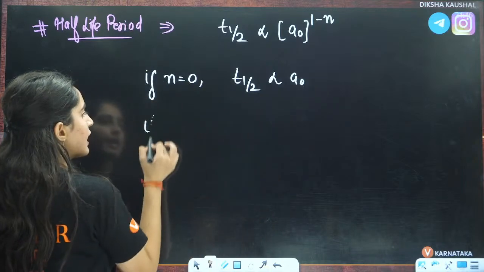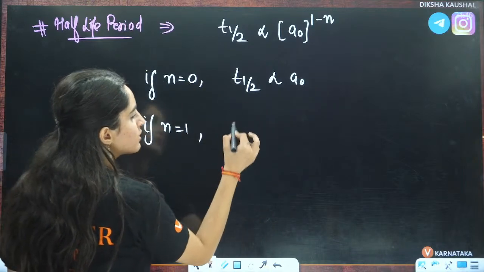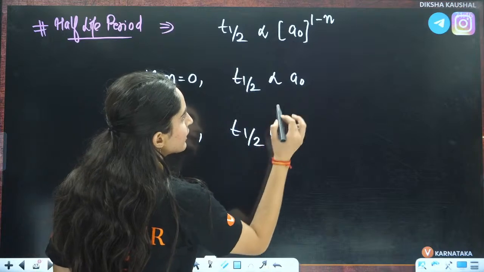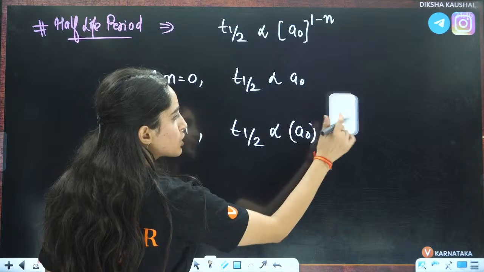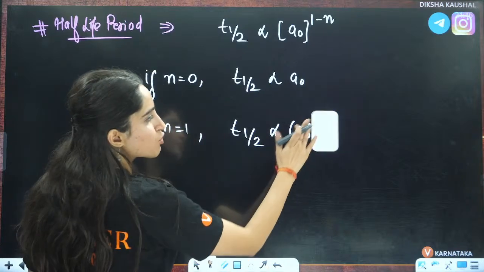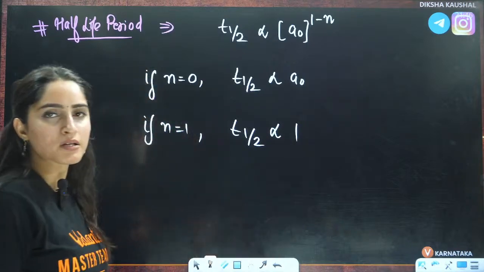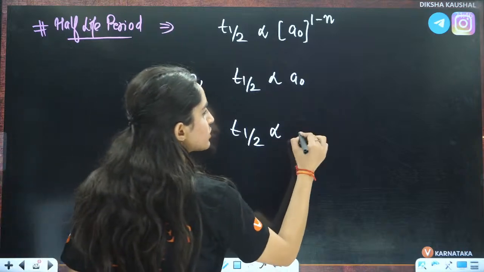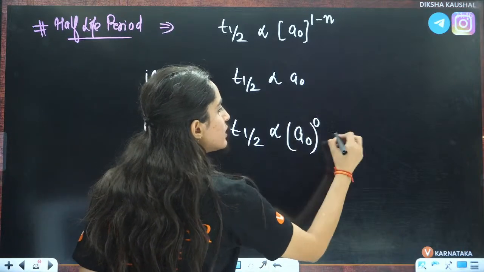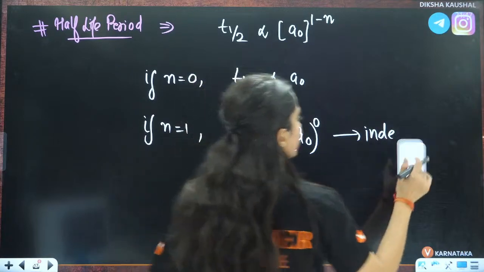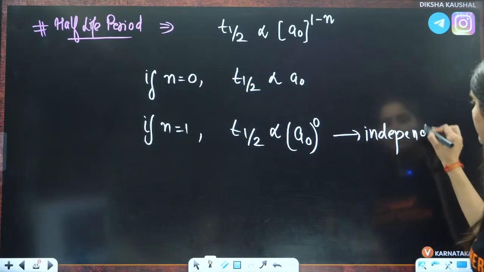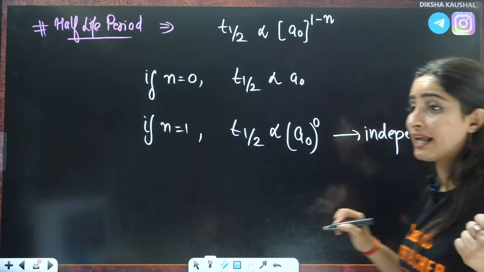If n is equal to 1, T half will be proportional to A naught raised to power 1 minus 1, that means 0. And anything raised to power 0 is 1, so this is not proportional, this is independent.